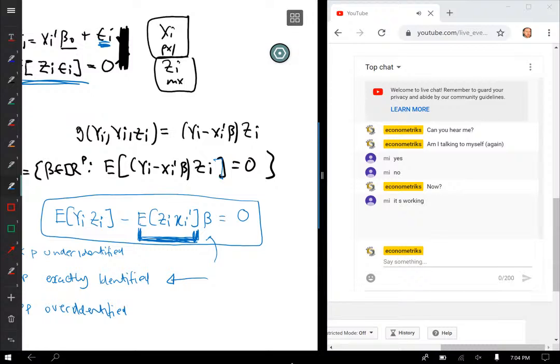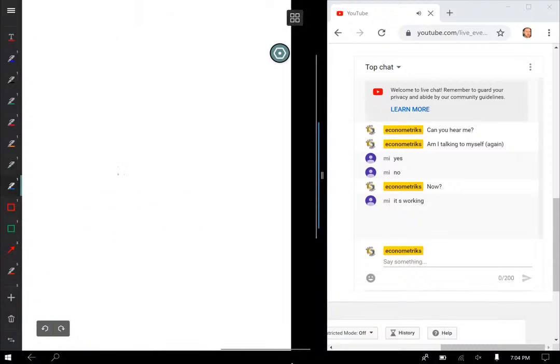It can dive all over the place because there's multiple solutions. You're going to get a flat spot in the optimization function, and the sample method of moments estimator will itself converge to a random variable. It will not converge to a fixed solution.